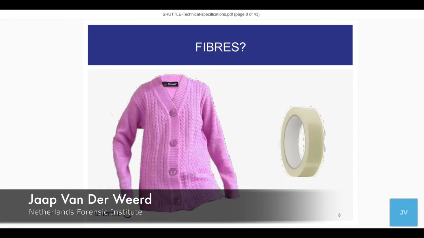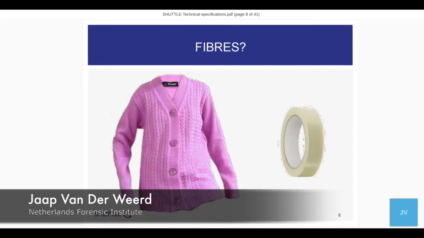If you're interested in fibers, then you probably use other kinds of tapes. We use the Nation, other people use the high-tech JLR tapes, whatever. There are several kinds of tapes being used in different forensic labs. And you just stick them onto the garment and collect traces.